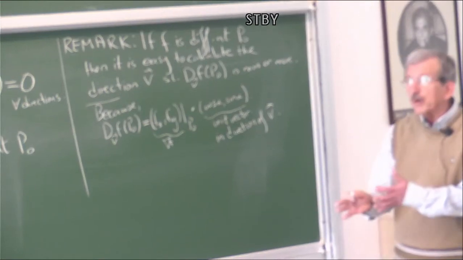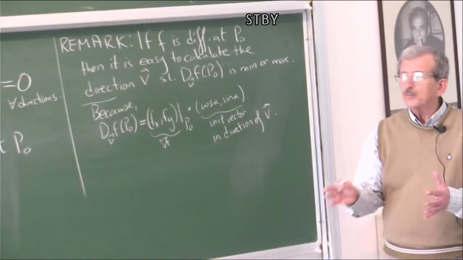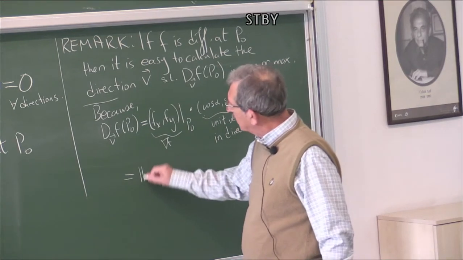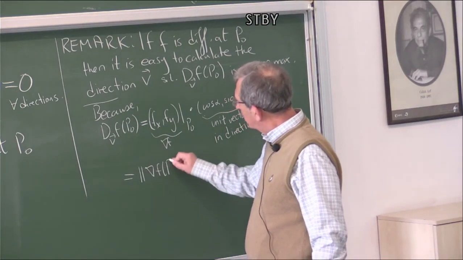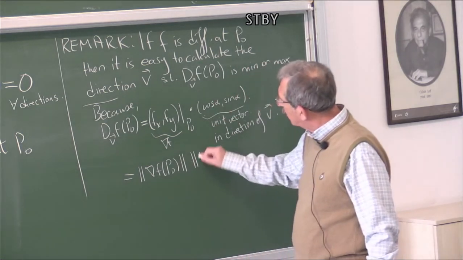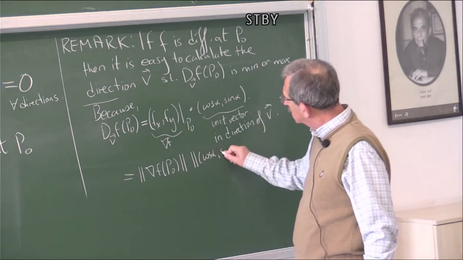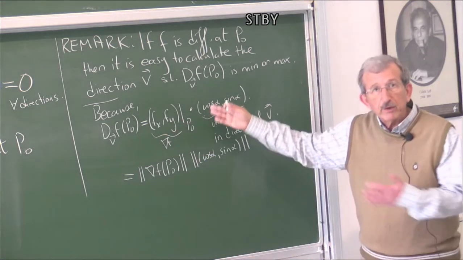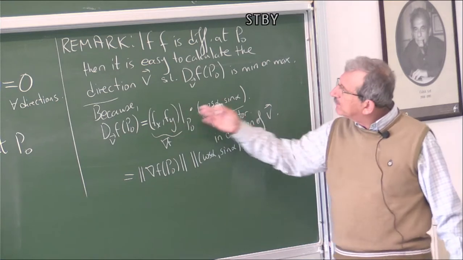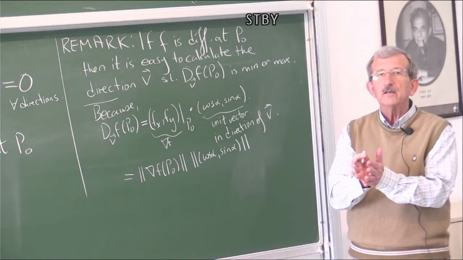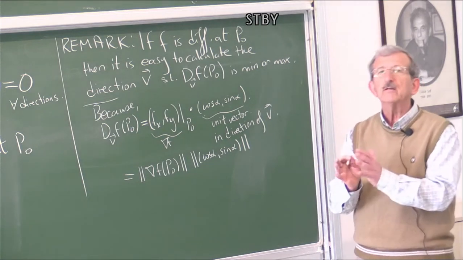Well, this is a dot product. Dot product means it is the length of gradient f at p0 times the length of (cosine alpha, sine alpha). These are vectors, after all, so it's the product of the norms times the cosine of the smaller angle between them.